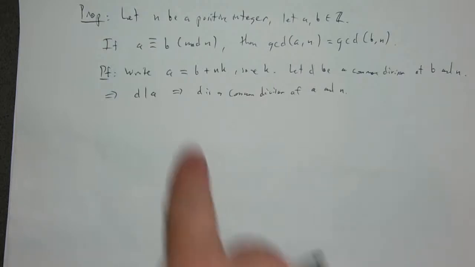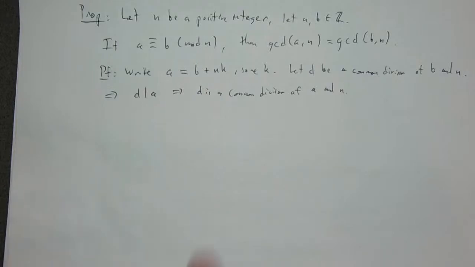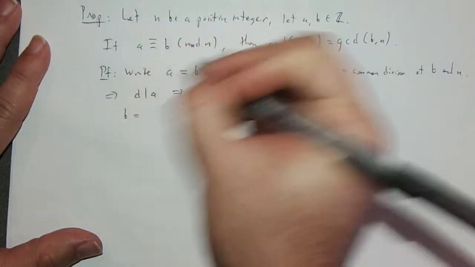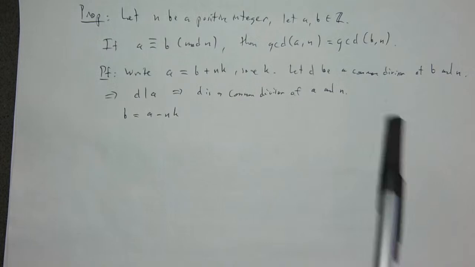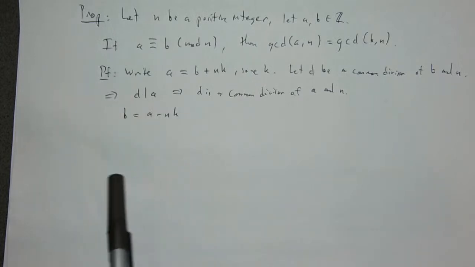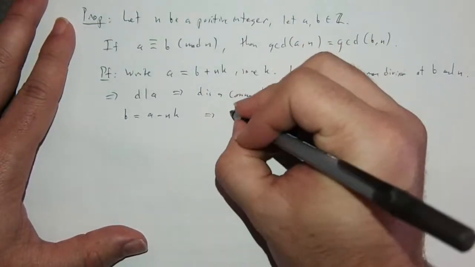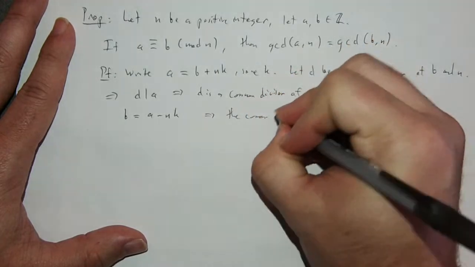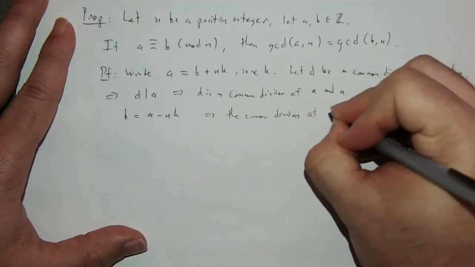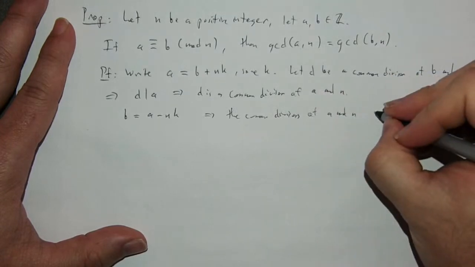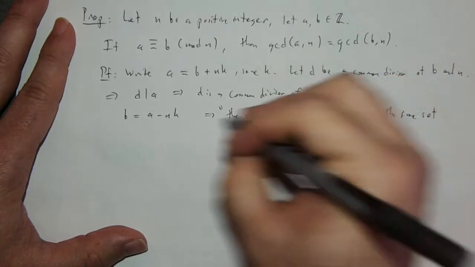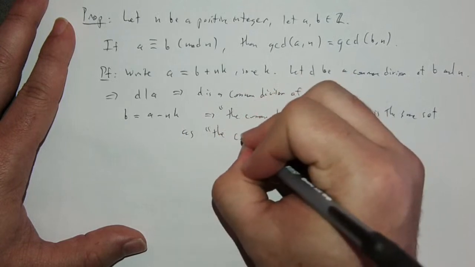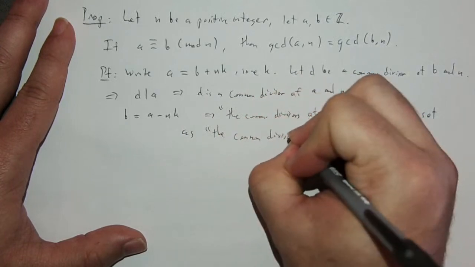Now, I could have written this same relationship differently. I could have said b is a minus nk. And from that, I could have let d be any common divisor of a and n. And then d would have had to divide b. So the common divisors of a and n is the same set as the common divisors of b and n.